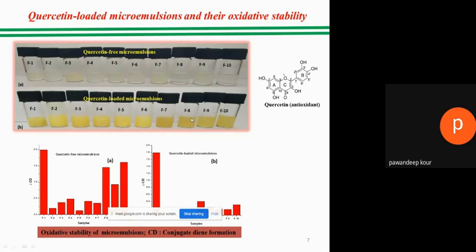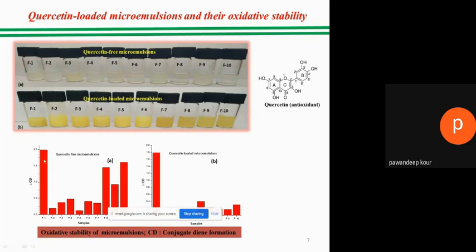When we analyzed the formation of conjugated dienes, as you can see in both these graphs, those formulations which didn't contain quercetin showed considerably large conjugated diene formation, whereas those which contained quercetin presented a much lower formation of conjugated dienes. It therefore revealed that LC-PUFAs loaded into the microemulsion are protected against oxidative degradation.